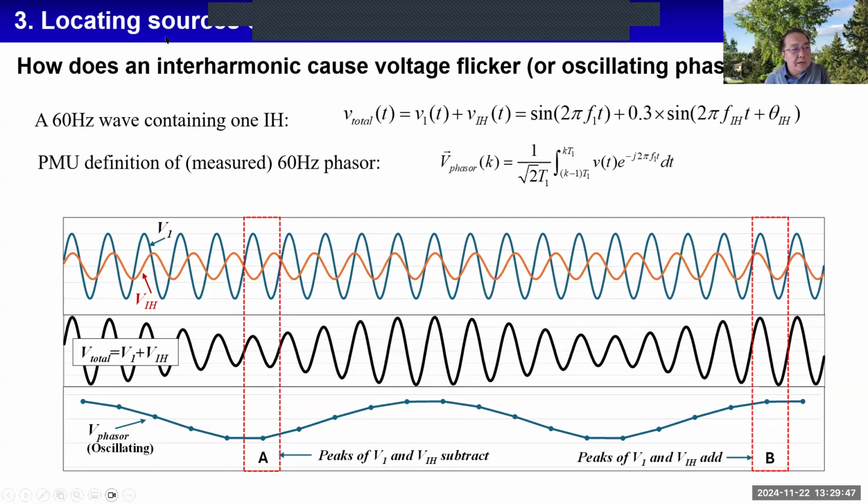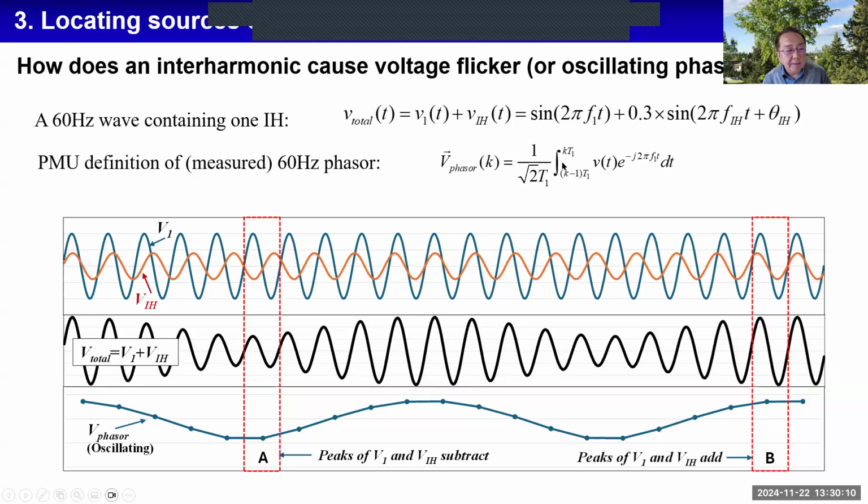Let's just look at a simple case: a 60 Hertz wave, adding an interharmonic component. The magnitude is 30%, just shown here. This is the interharmonic frequency; in this particular case, I show the interharmonic frequency as 1.1 or 0.9 harmonic.